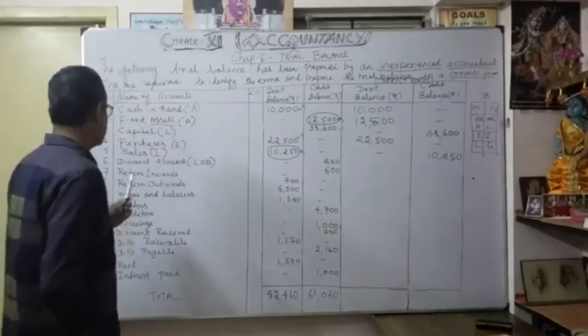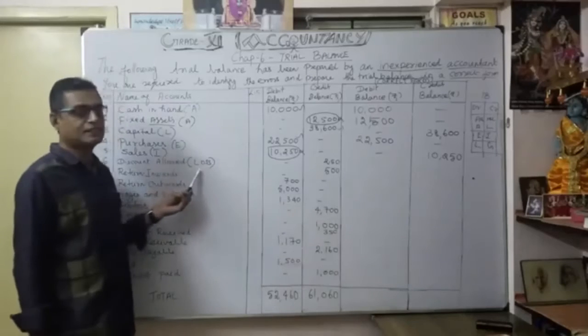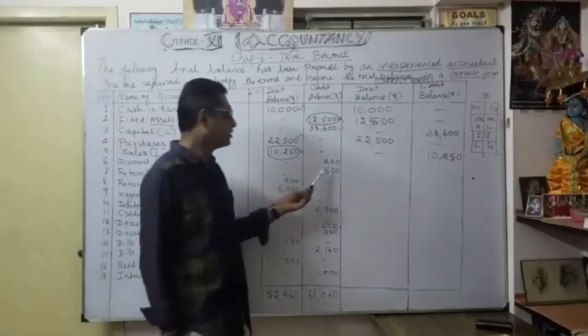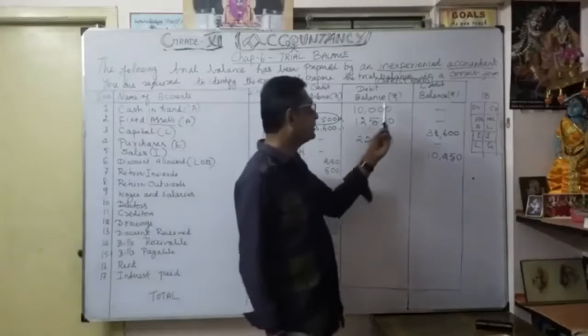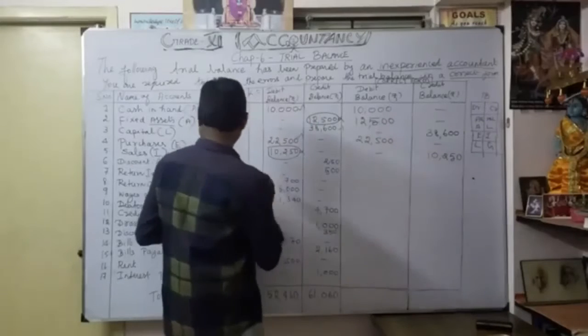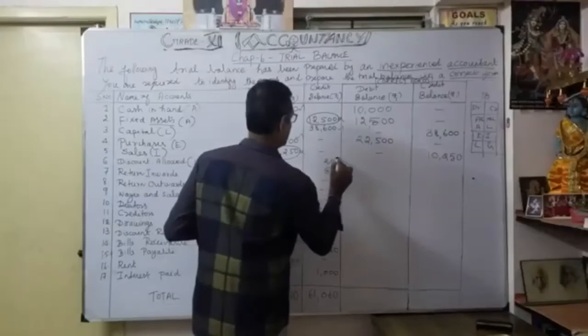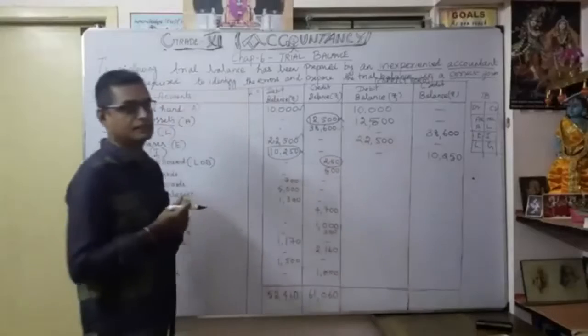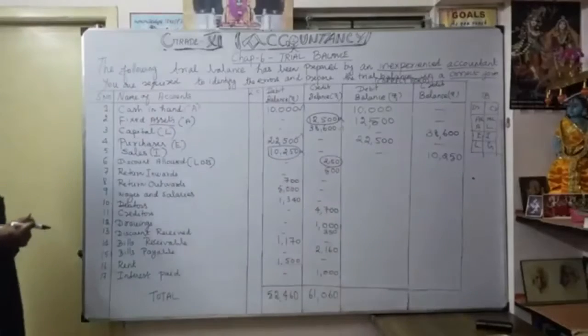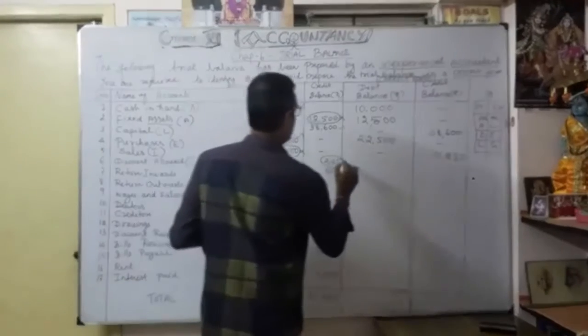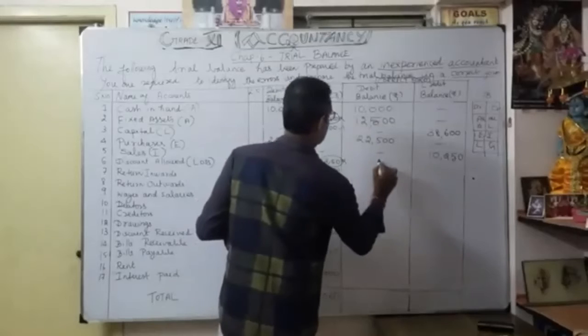That's why we consider discount allowed as a loss. But a loss should always be on the debit side. But here they wrote the loss on the credit side, so it is wrong. So I am going to write it on the debit side. Now understood?